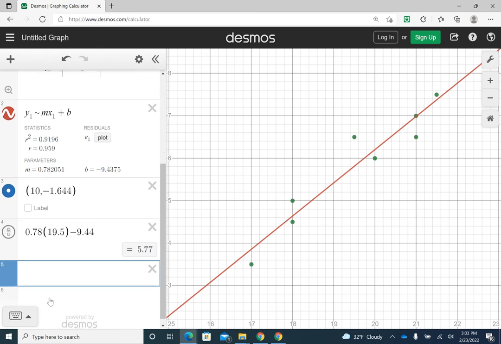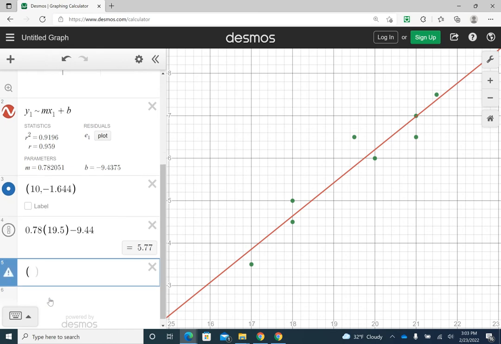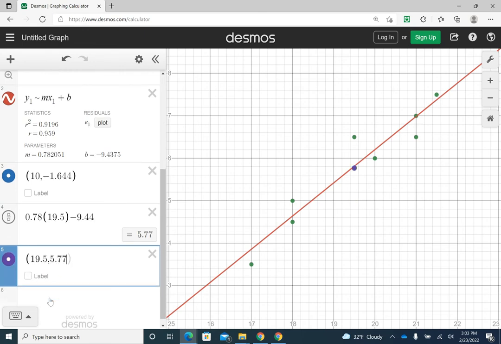And then I'll plot that point as well. So we predicted at 19.5, we got 5.77. You can kind of see that purple dot show up on the line.